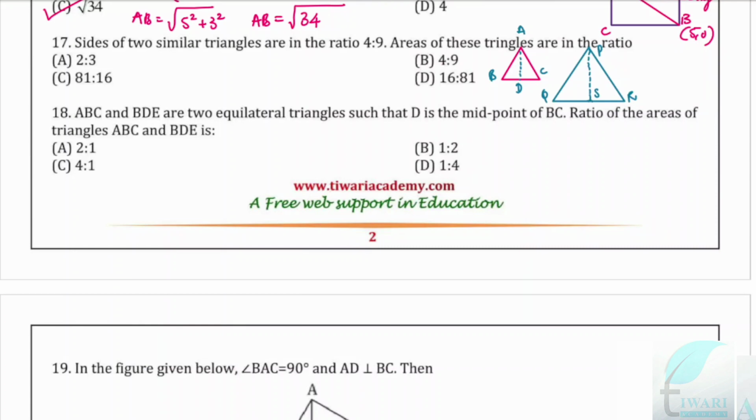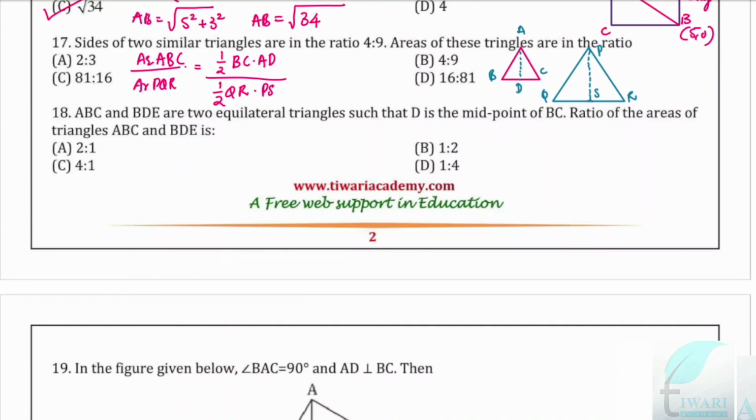So the ratio between areas, that is area of triangle ABC divided by area of triangle PQR, can be written as half into base BC into height AD, divided by half into base QR and height PS.